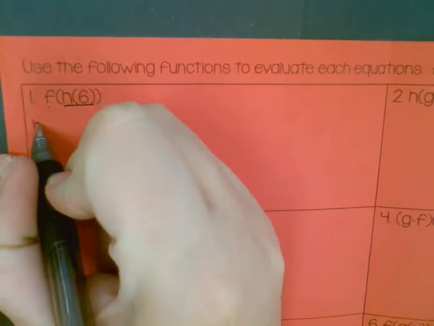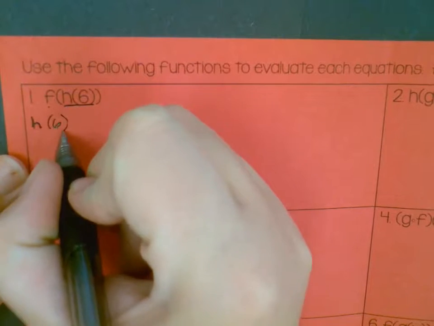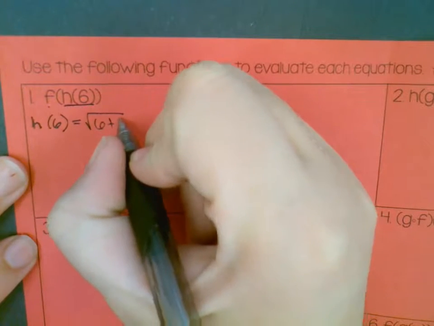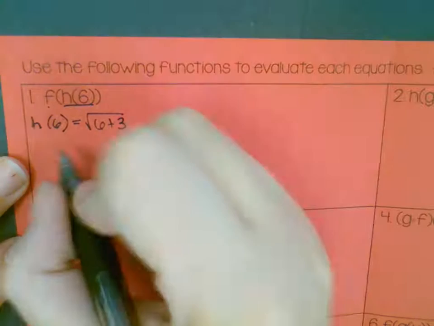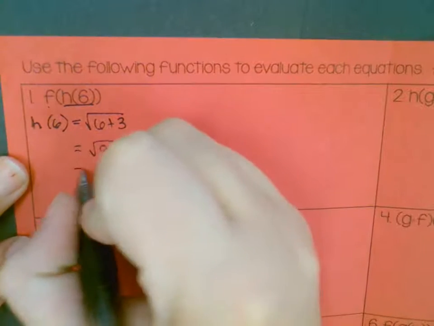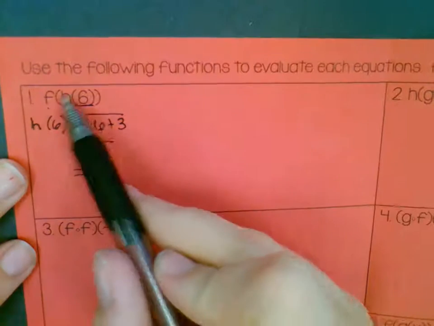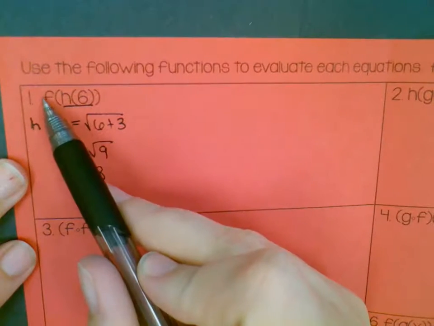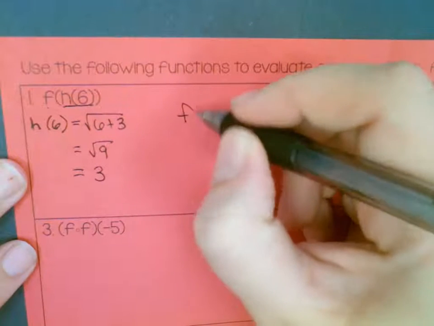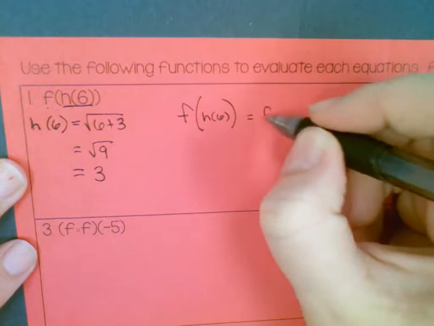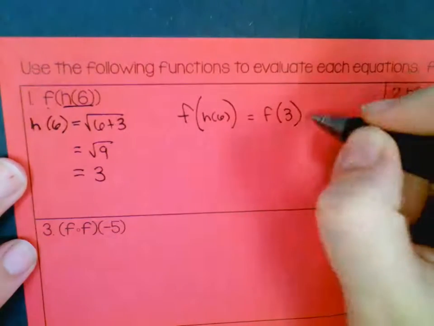h of 6 would be the square root of 6 plus 3, so the square root of 9 is 3. So h of 6 is 3. What are we doing with h of 6? We're plugging it into f. That means f of h of 6 is f of 3, because h of 6 is just 3.